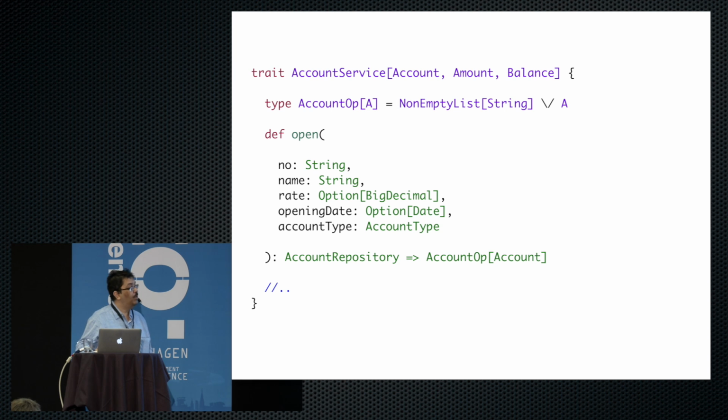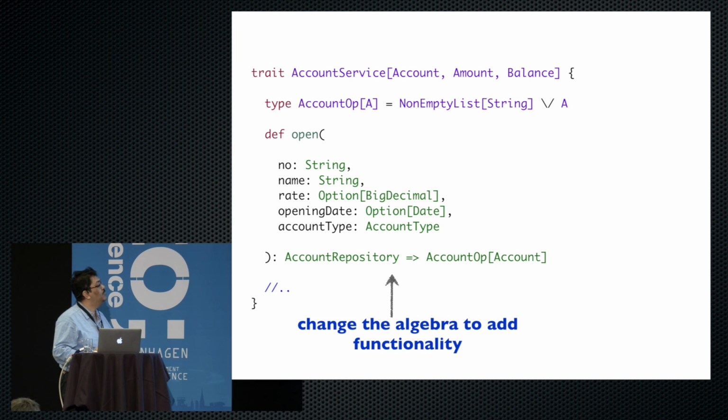But typically any operation on a domain model needs some database access. So, we need to have a repository. We need to use a repository from where to fetch data in order to perform any operations on the account, opening or closing or anything like that. For any typical domain operation, any non-trivial domain model does that, and so we change the algebra of the return type to reflect that property.